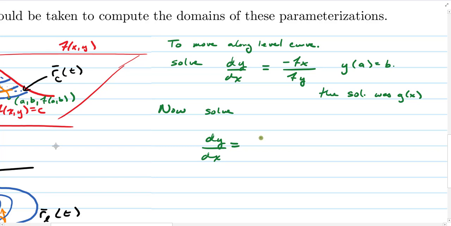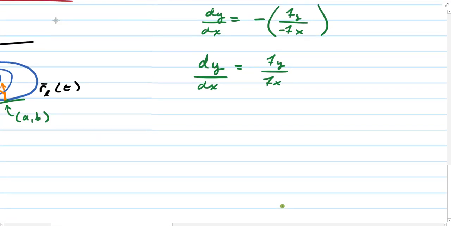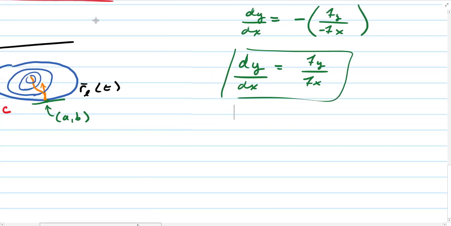That's something we saw in Calc 1, in algebra. So if I take the negative reciprocal of this, we'd have negative f sub y over f sub x... so we end up needing to solve the differential equation dy/dx equals f sub y over f sub x. And that's the differential equation we need to solve to find the path of steepest ascent or descent.